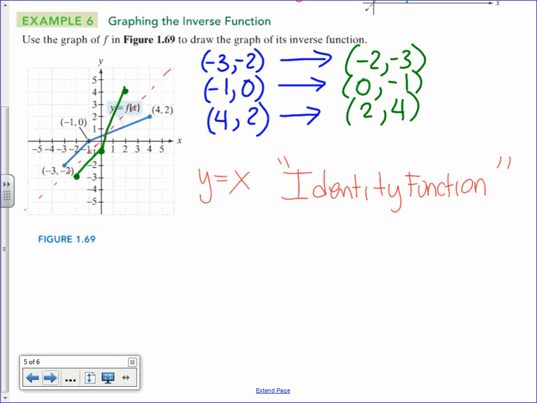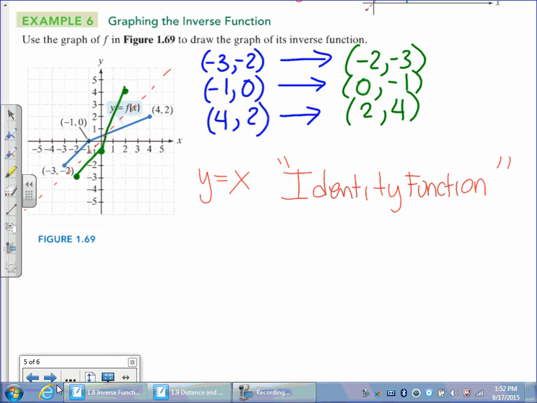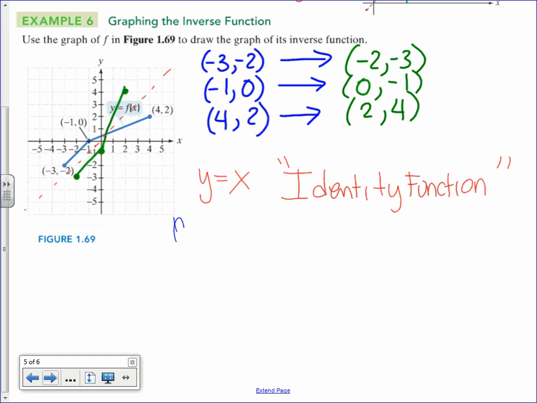And what was the multiplicative identity for real numbers?